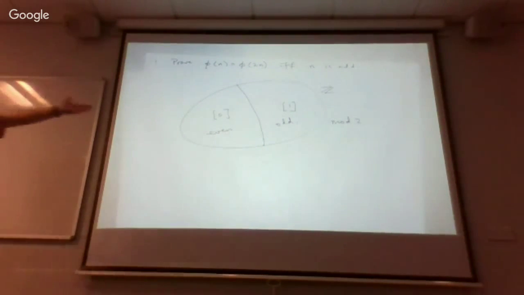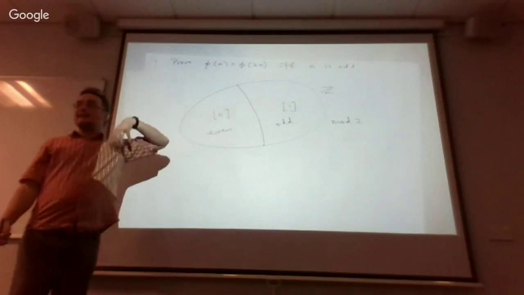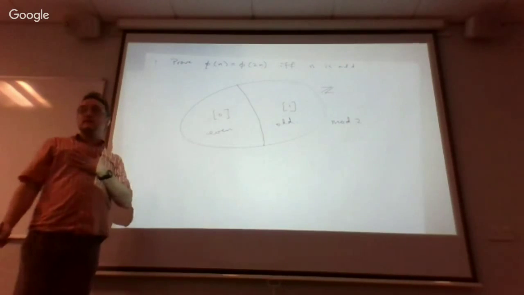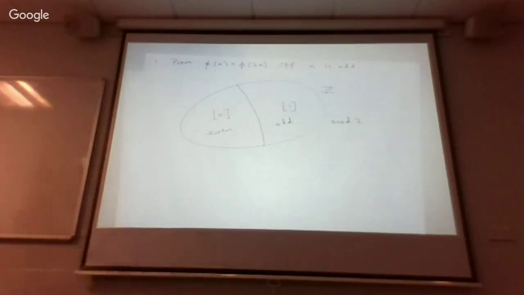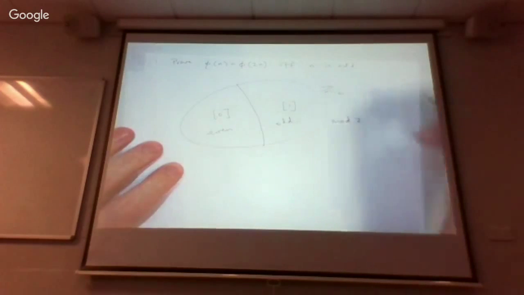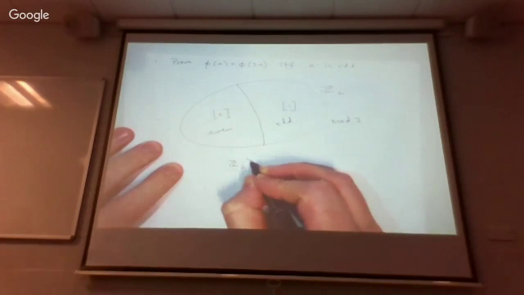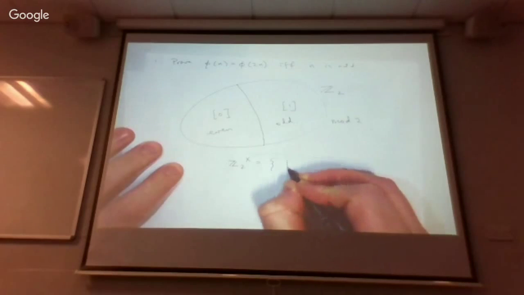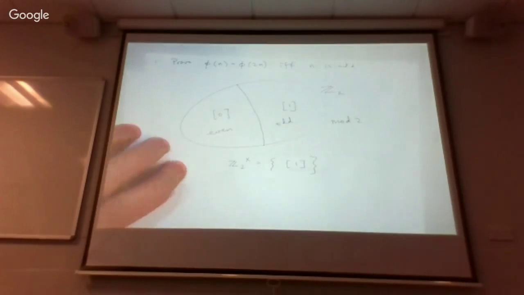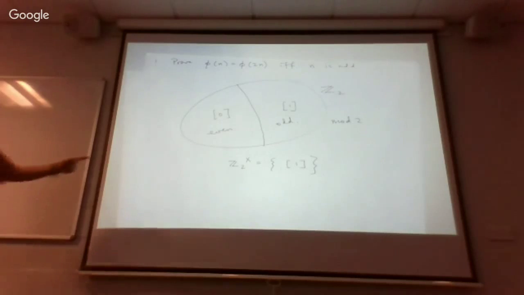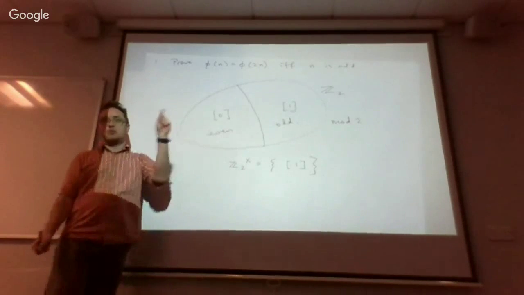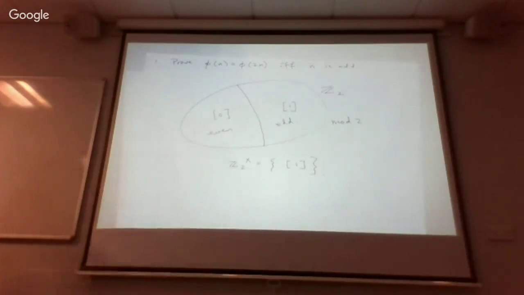There's only two congruence classes modulo 2, and the multiplicative group that you can form is actually just the trivial group. It's just the group consisting of one element, the identity element. So it's a pretty boring group. It's just the number 1, essentially. You can multiply 1 by itself, you get 1. So there's not a whole lot going on there. As simple as you can get.